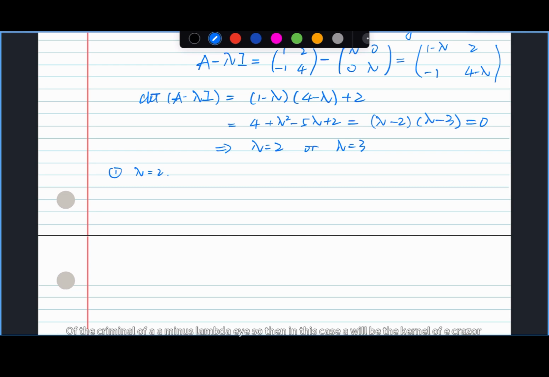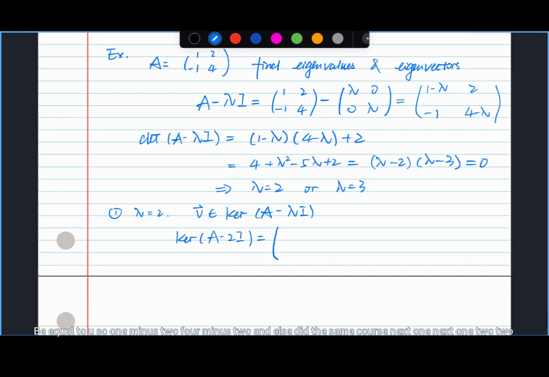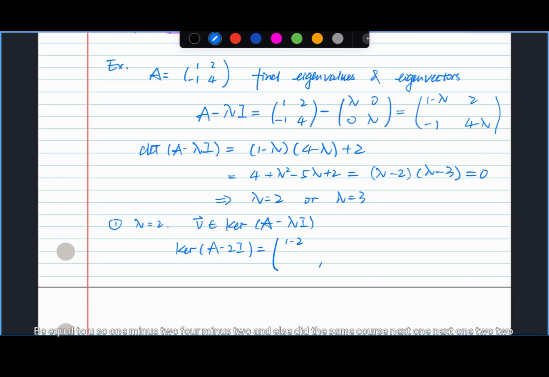We know that v would be inside the kernel of A minus lambda I. So in this case, it'll be the kernel of A minus 2I, which would be equal to 1 minus 2, 4 minus 2, and the other entries stay the same, so [-1, 2; -1, 2].